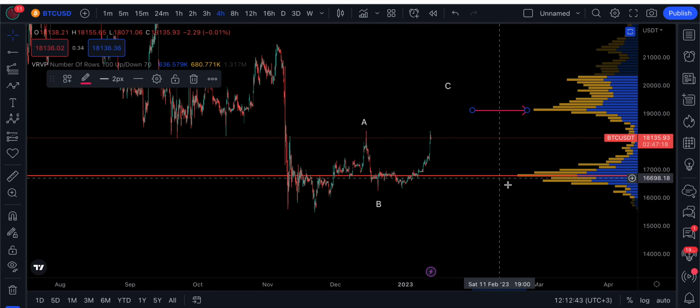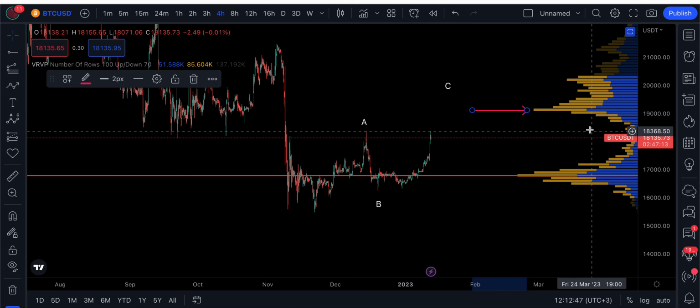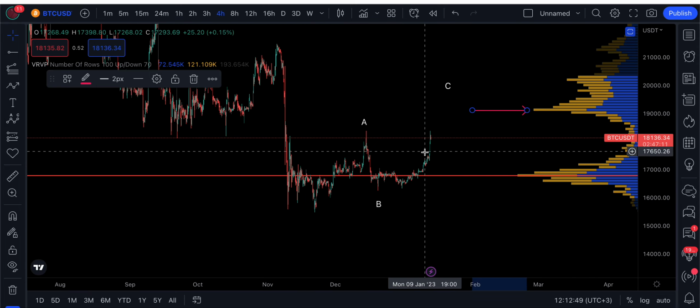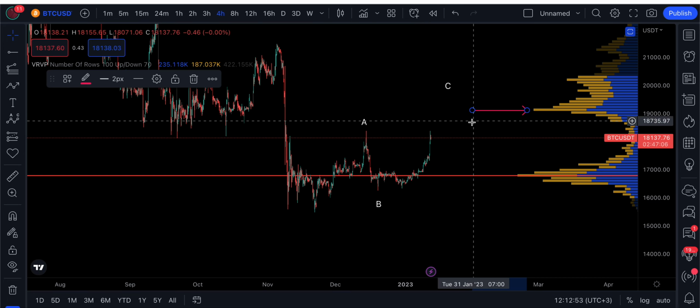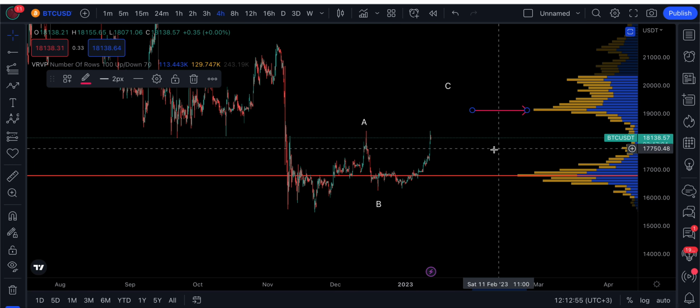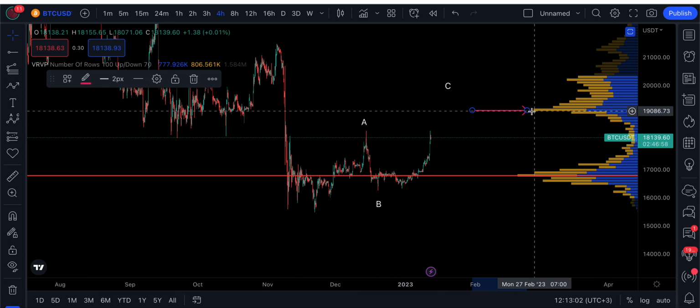Currently we have broken out of this resistance, and we can see that we have a gap, and with gaps we see price just cut right through, because there's no resistance in there. So the next point that we might face resistance is around the 19,000 area.